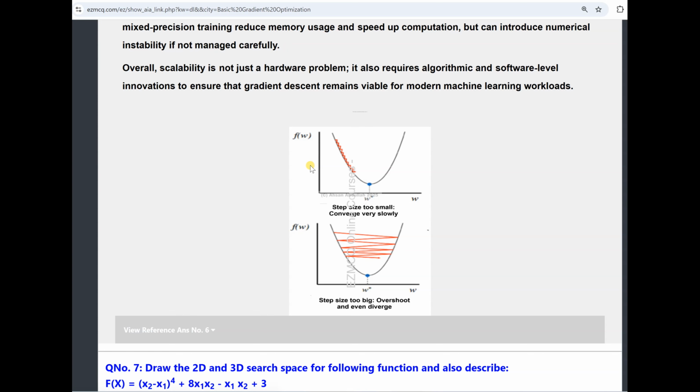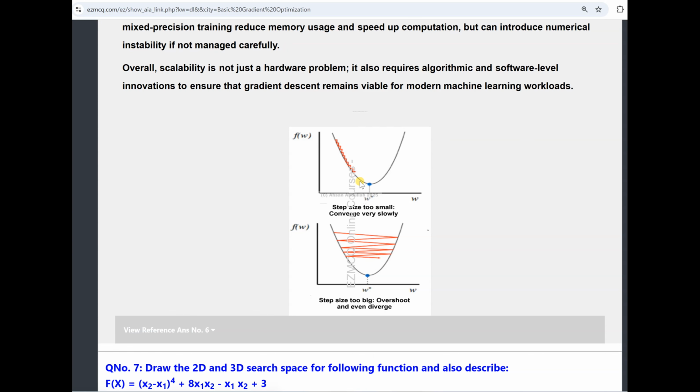This is a smooth bowl region for the search space, and this is for the sake of simplicity of understanding, because in real life we won't be finding this kind of relationship. Anyway, we would like to reach the local minima.